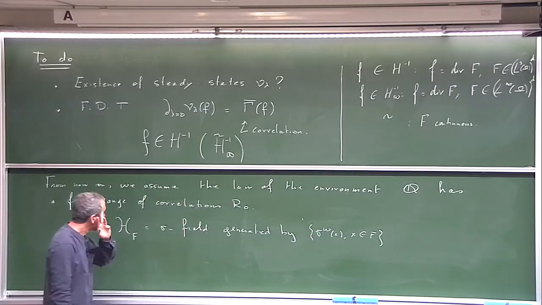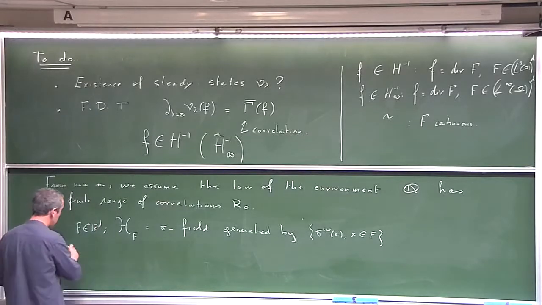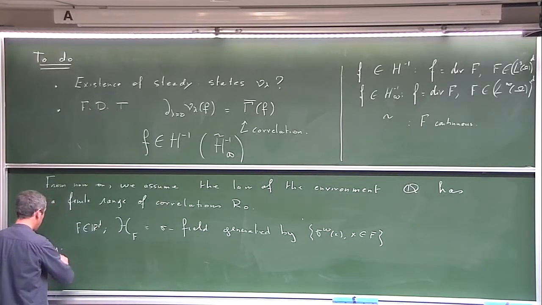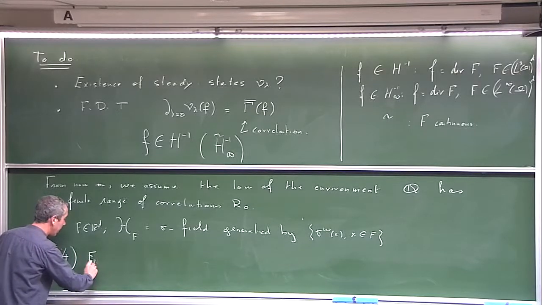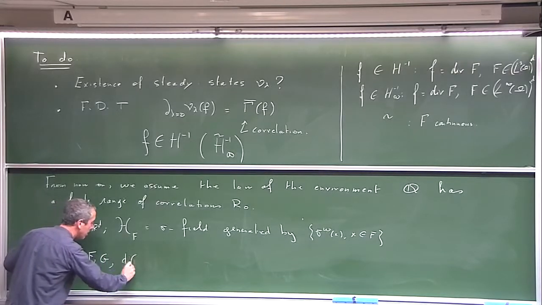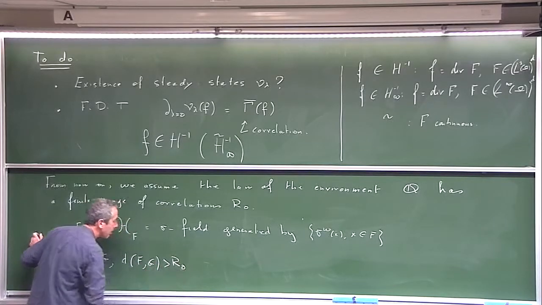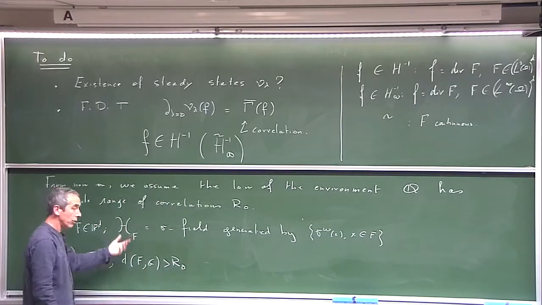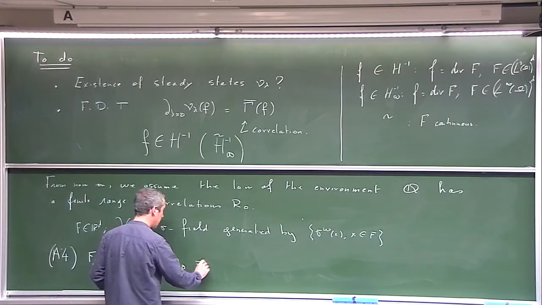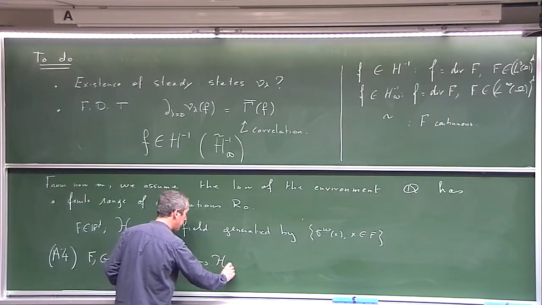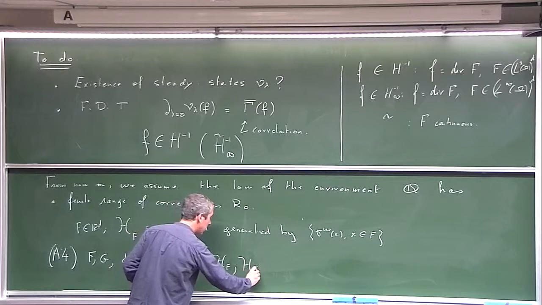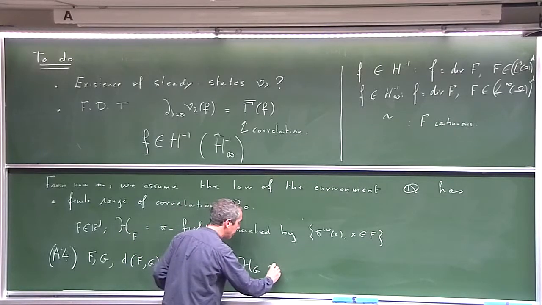And by finite range of correlation, I mean that, so this will be the fourth assumption, right? A4. So we mean that if we have two sets F and G such that the distance between F and G is larger than this range R0, then the two sigma fields are independent. Then H_F and H_G are independent.